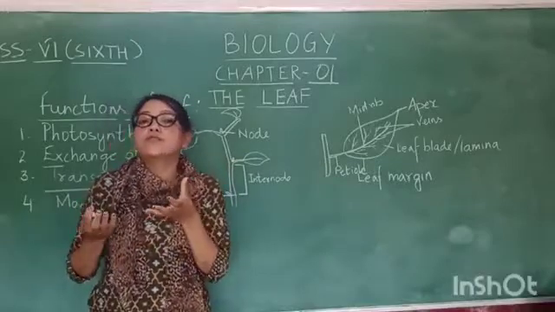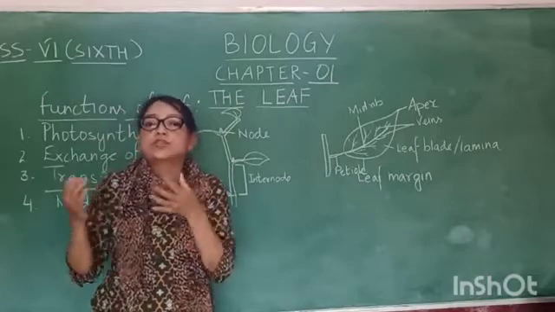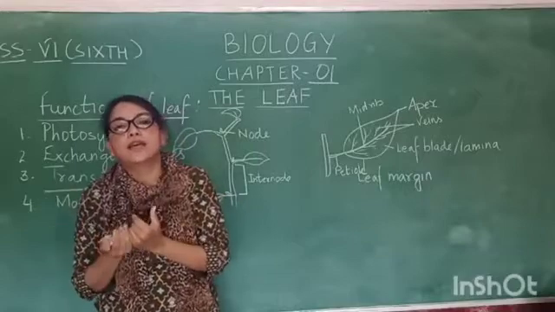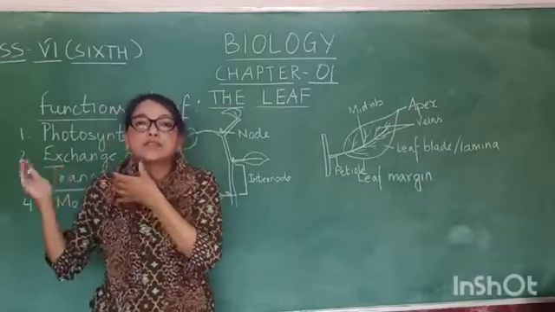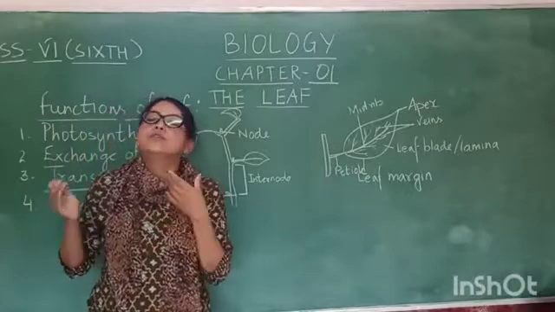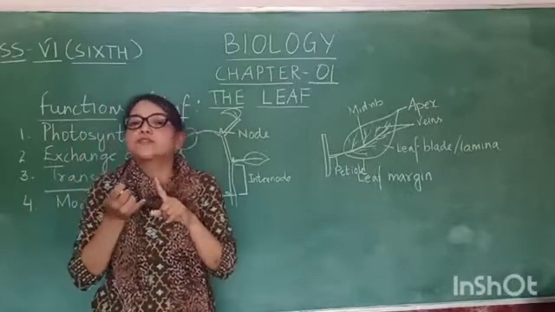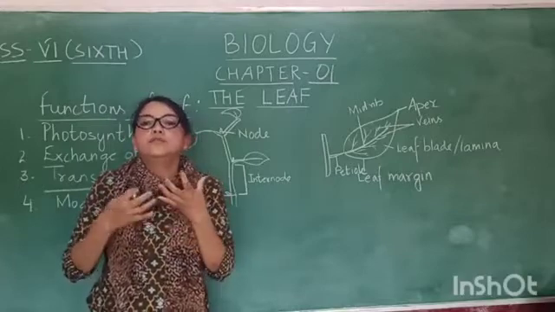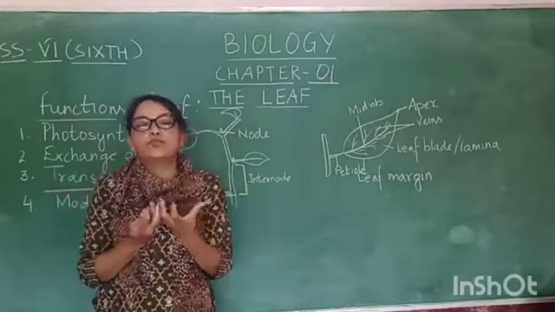And during the process of respiration, which takes place during the night time, the plant itself takes oxygen from the air, and this takes place through the stomata itself. So the first function is photosynthesis, where food is made.